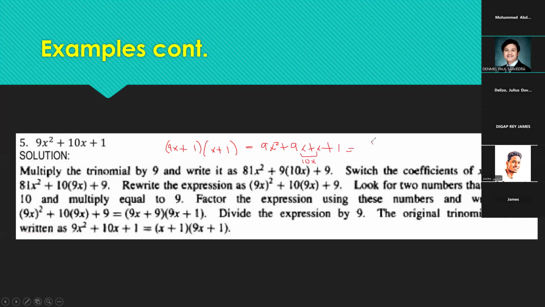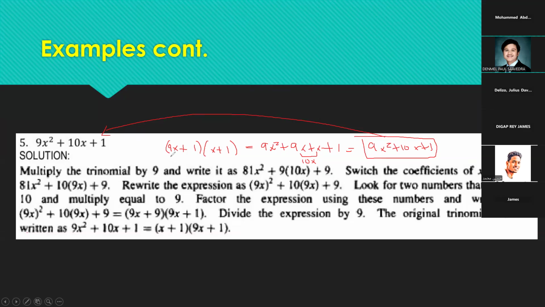And as you can see, this will give us the correct answer, plus 1, which is now the same as this one. So were you guys able to get the idea of the so-called trial and error?